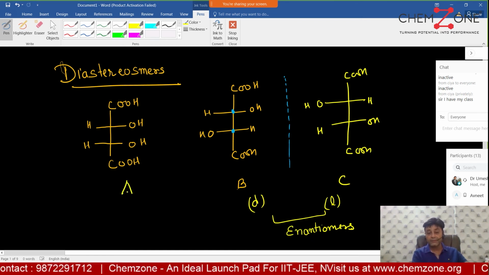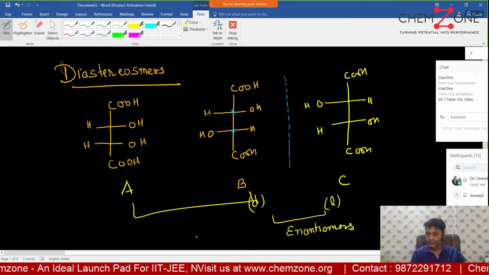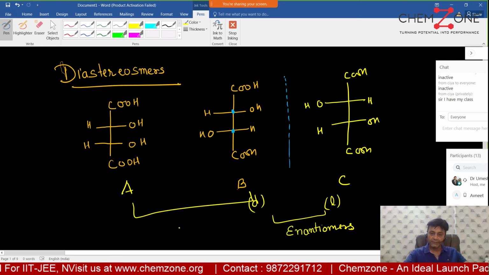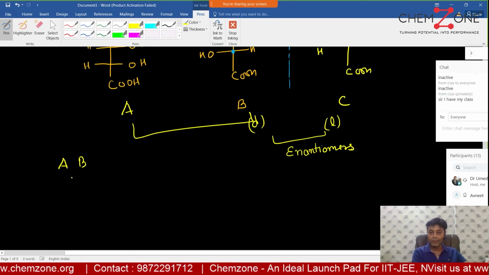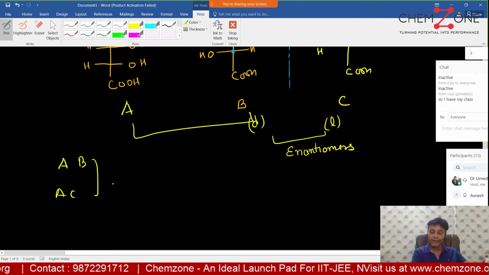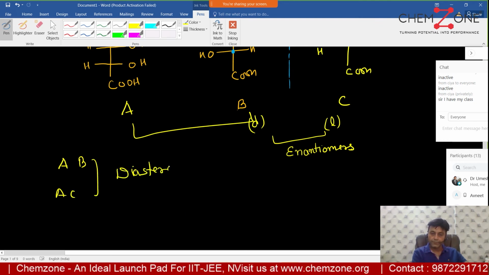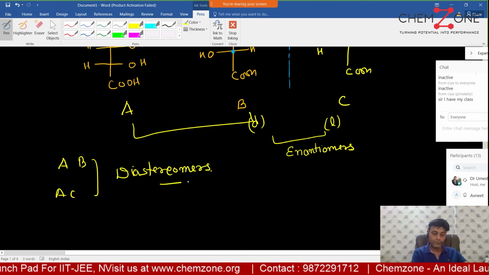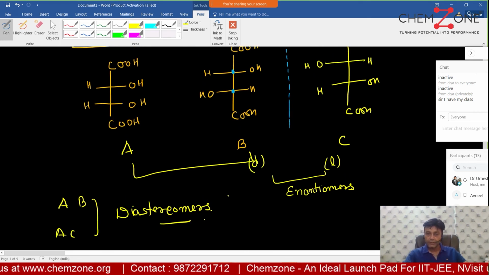Now, what about the set of A and B? They are not superimposable upon each other, number one. And they are also not enantiomers of each other. Right? So this A and B set, or I can say A and C set, are diastereomers of each other. Got it now?